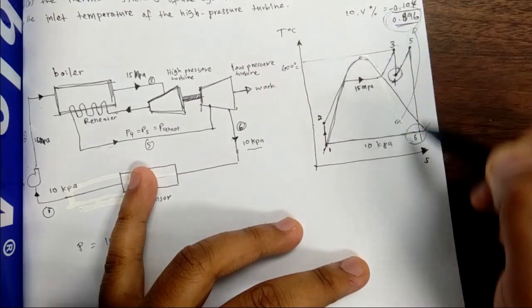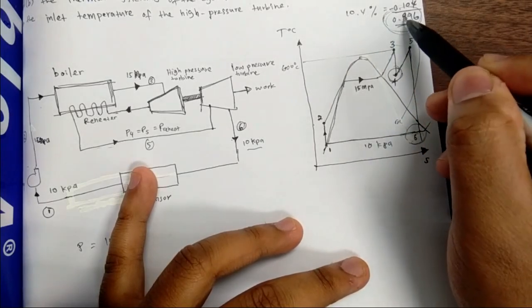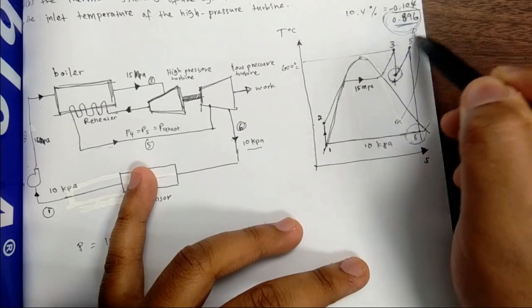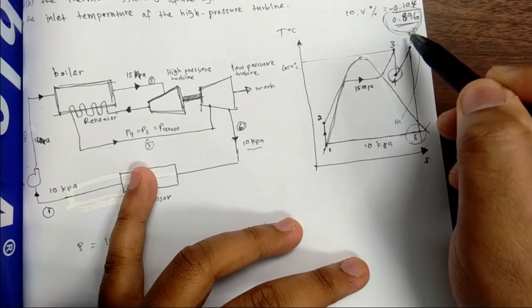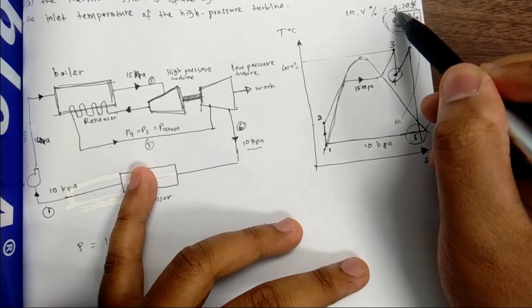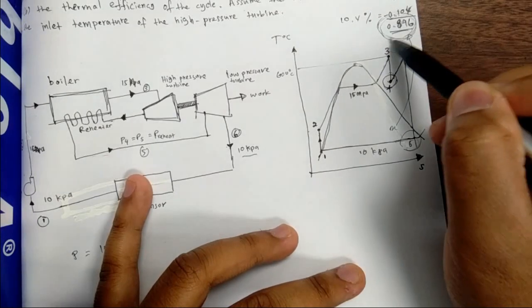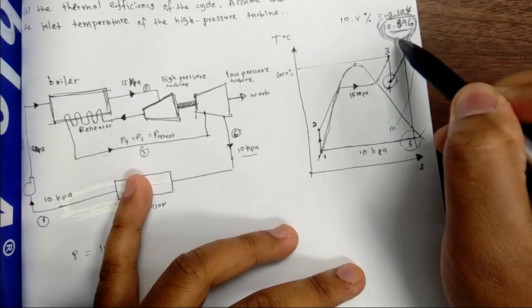This is the quality of steam here, which means the steam is 89.6% gas. The water inside the vapor is only 0.104. Okay, so this is the quality of the steam.